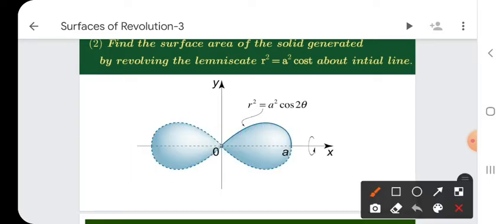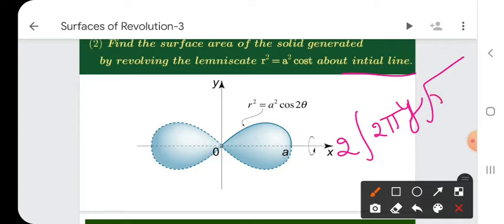So I multiply the given surface area formula by 2. On the initial line, f of x means y value, 2 pi y root. In polar form what do we write? r square plus (dr by d theta) whole square. This is the formula for the surface area of the given solid.